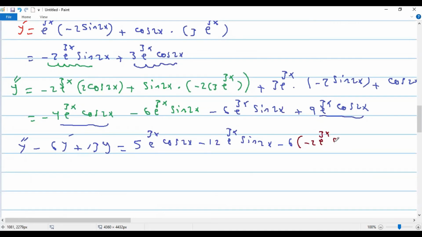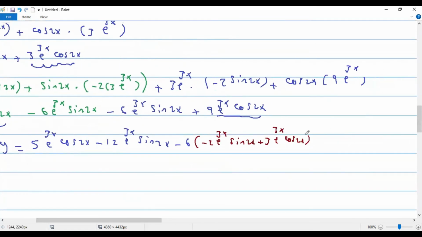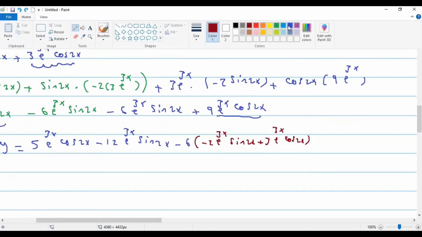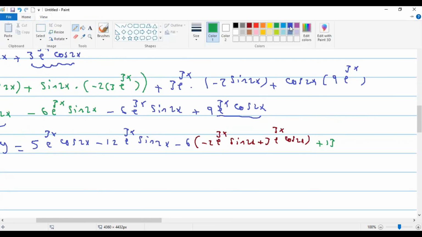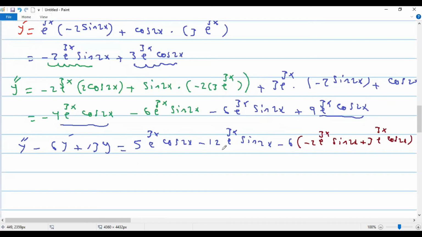Then plus 13y. What is the y? Look here, the y given from the beginning.